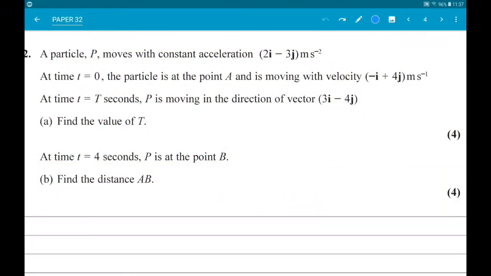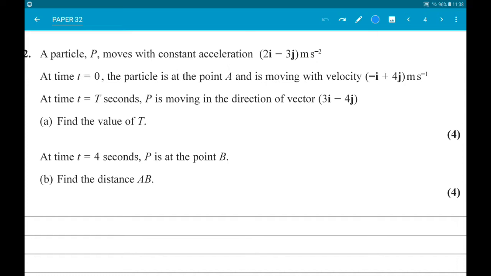Number 2, a particle P is moving with constant acceleration 2i minus 3j meters per second squared. When t is 0, the particle is at A and moving with velocity minus i add 4j meters per second.